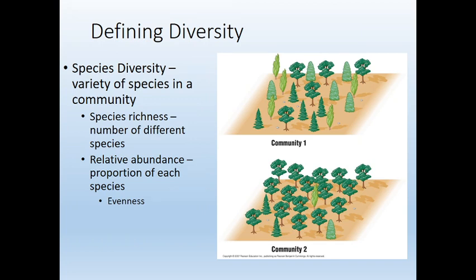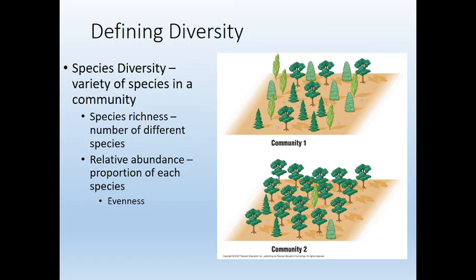So let's think about what diversity means. In culture, diversity means a bunch of different opinions or something. But with biological diversity, what we're talking about, at least in community ecology, is species diversity.